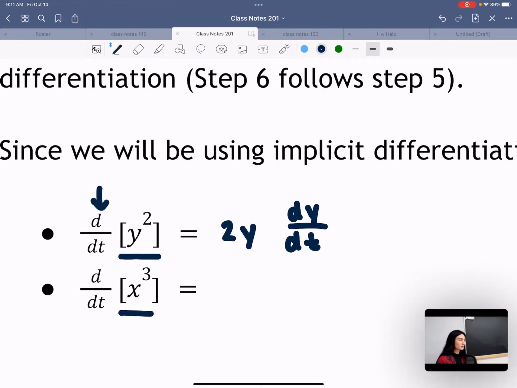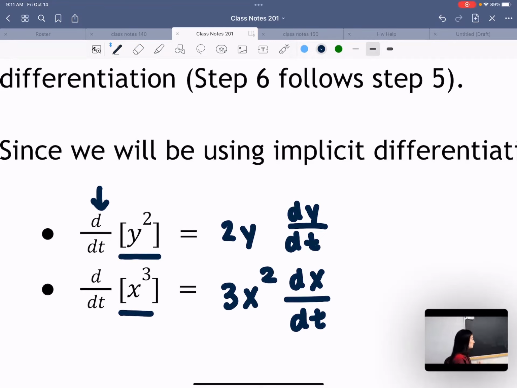What would that look like? 3x squared dx over dt. Perfect, 3x squared dx over dt. So it looks a little bit different than what we did on the quiz, just because I'm changing what I'm taking the derivative of with respect to. Okay, so I'm not focusing on x anymore. We're focusing on t.